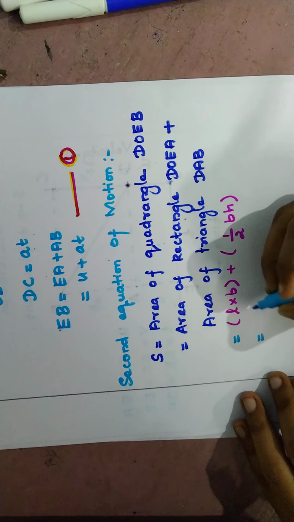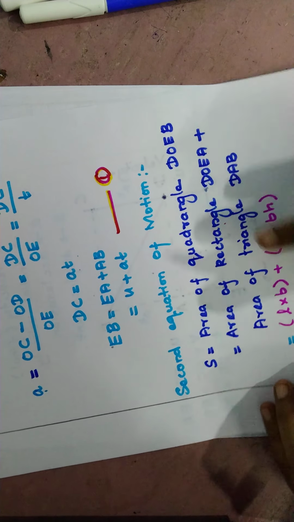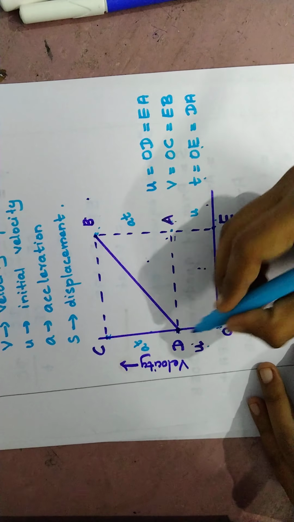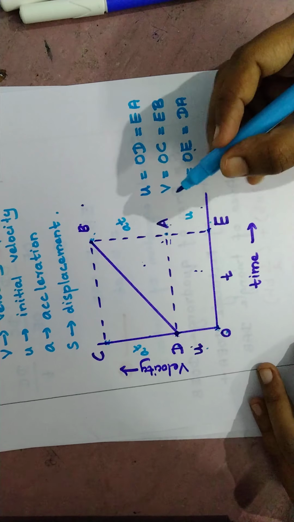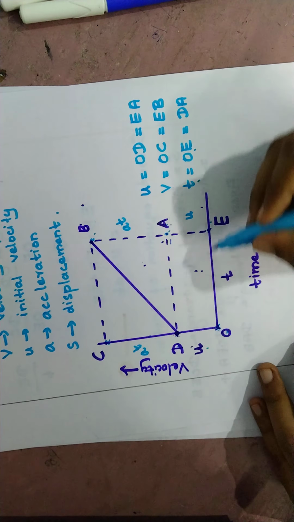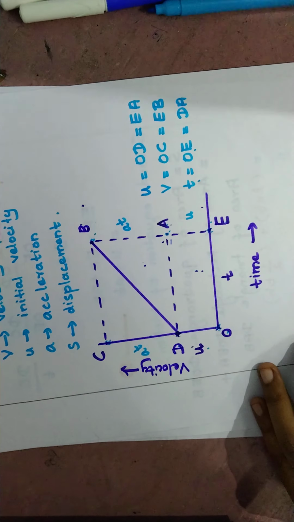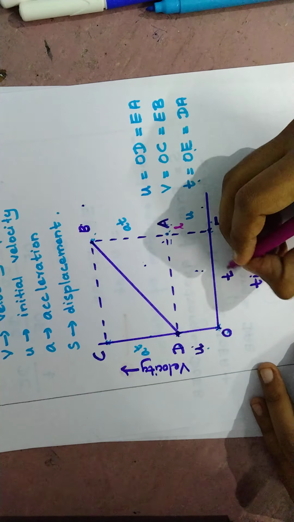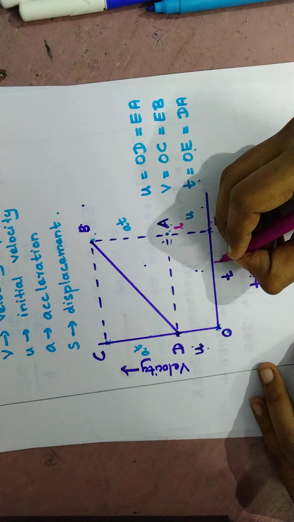So we can write as area of rectangle DOEA. This is the L side. So AE into OE. This is L into B, right?